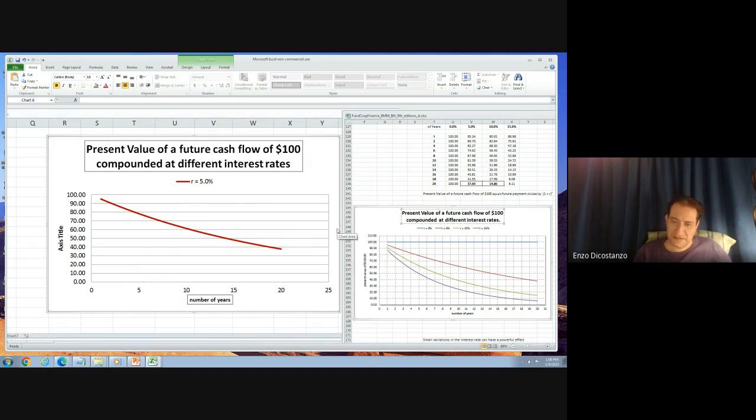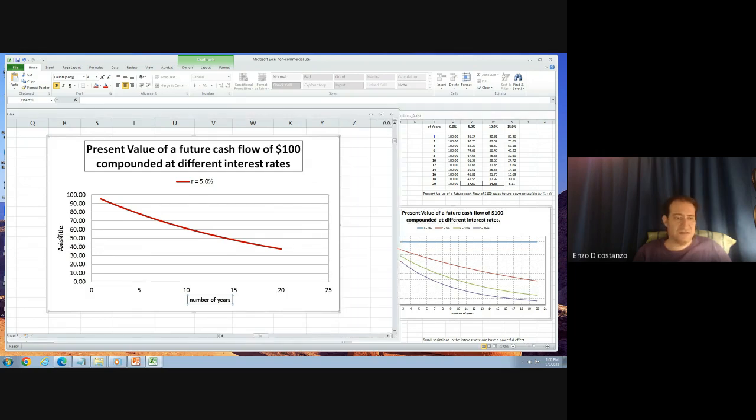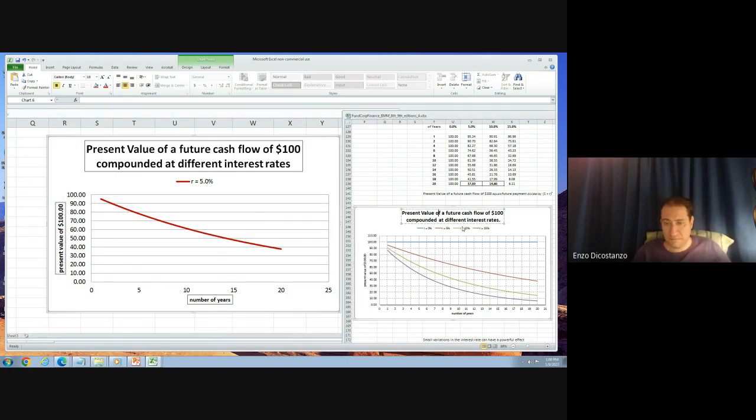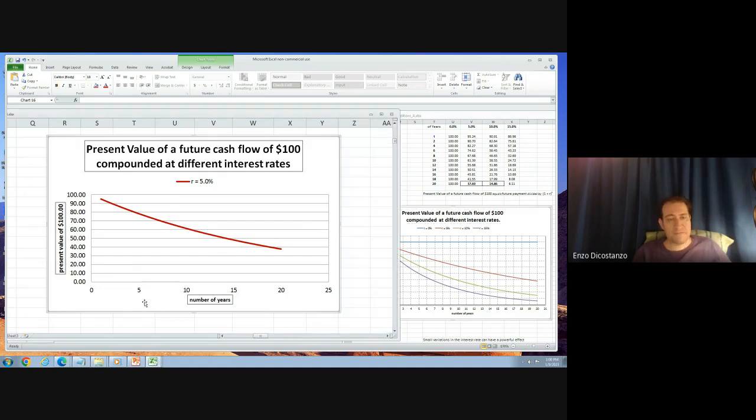And this is present value of $100. Okay, which is that. Yeah, you're not going to 25. That's for sure. So I can format this axis.